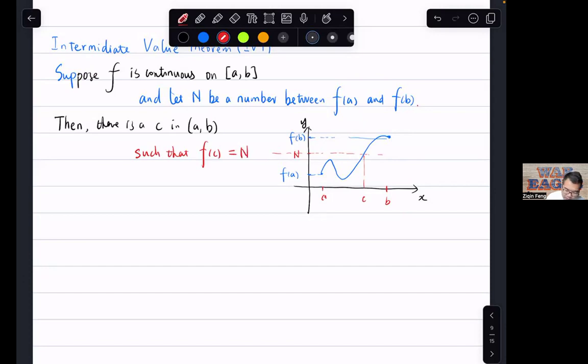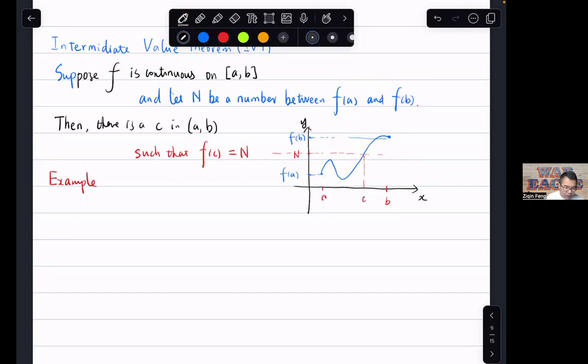Let's see an example of how we apply it, a very classic application of the intermediate value theorem. In math, one of the things we do is solve equations.